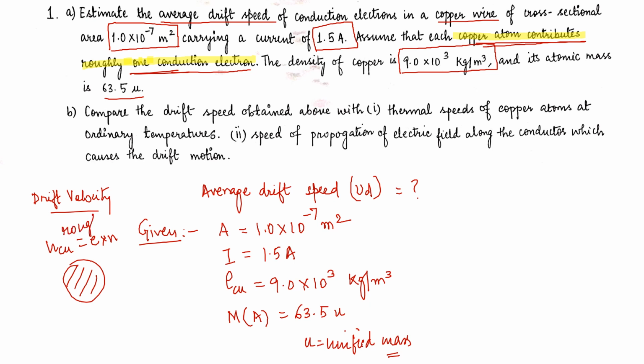Not exactly, maybe one provides 2 conduction electrons, maybe one doesn't provide any. So overall, roughly, the number of copper atoms present equals the number of conduction electrons.